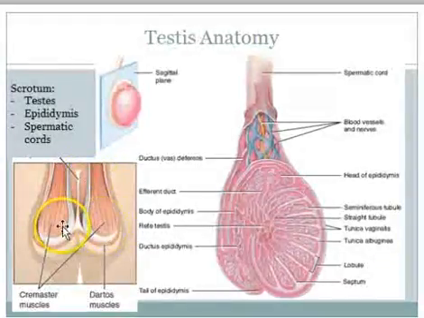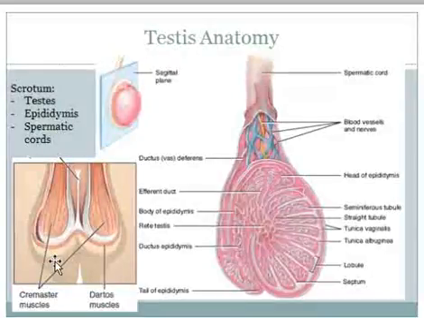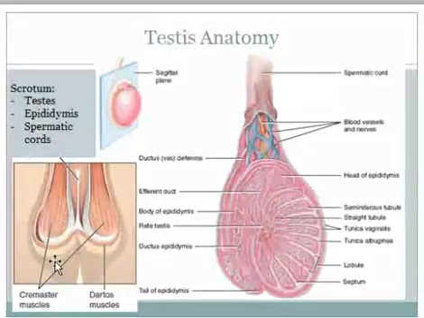And the right testicle, this isn't really seen well here, hangs lower than the left one. The nice purpose that serves is if they should be hit from the side, the two testes aren't bashing directly up against each other, because that could lead to injury. So when we're thinking testes, we're thinking really sensitive.